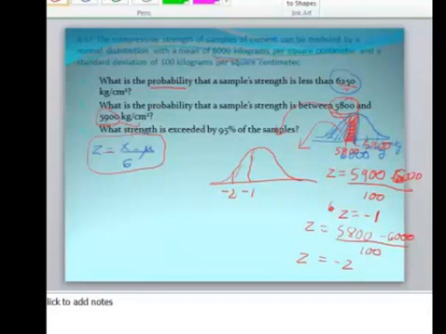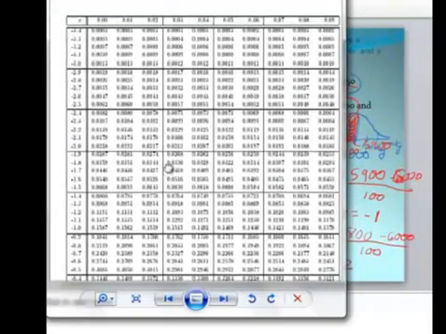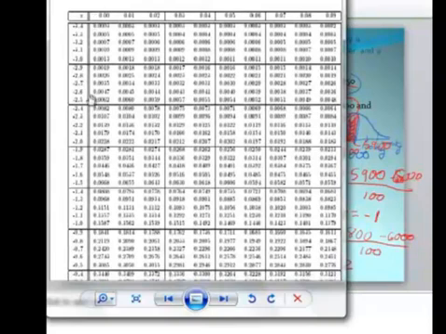We just need to take the area. Remember this z-score from the -1, if we look it up, now I can actually use the appropriate table. So z equal to -2.0 is 0.0228.